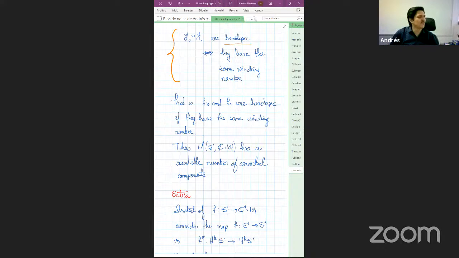So a linear map from the reals to the reals.